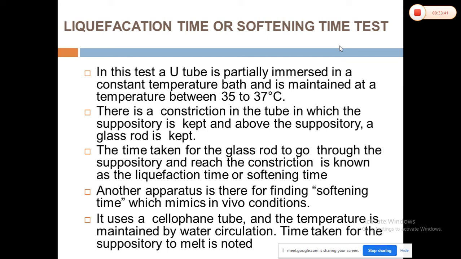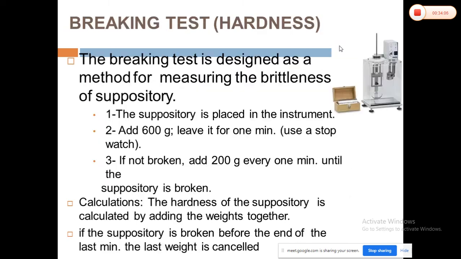You keep your suppository in that U-shaped tube and place a glass rod over the suppository. The time taken by the rod to go through the suppository and reach the constriction is known as the liquefaction time or the softening time.